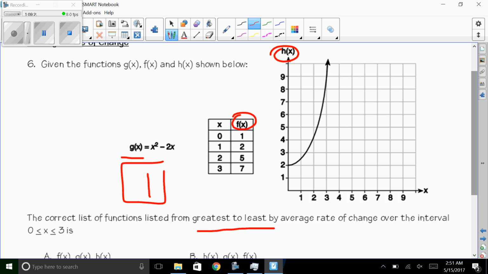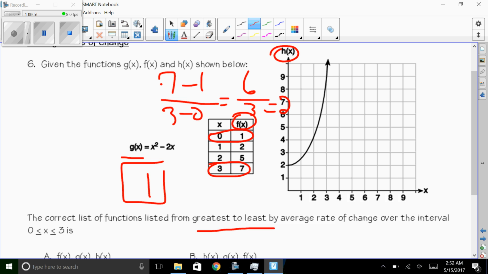Now we're going to figure out the rate of change from 0 to 3 for that particular function. So 7 minus 1 over 3 minus 0 equals 6 over 3, which equals 2. Alright. And then the last one, 0 is my x value.